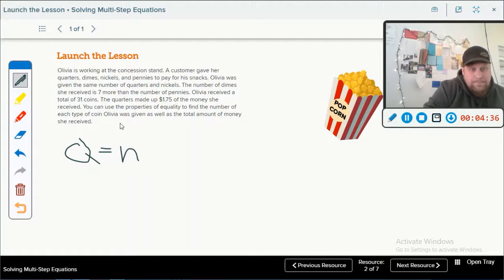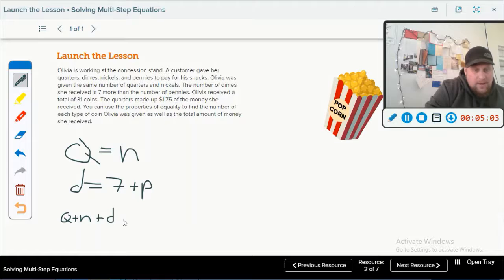So 7 plus pennies. Olivia received a total of 31 coins. So that tells me quarters plus nickels plus dimes plus pennies equals 31.